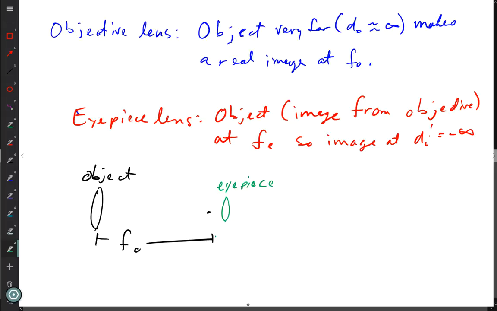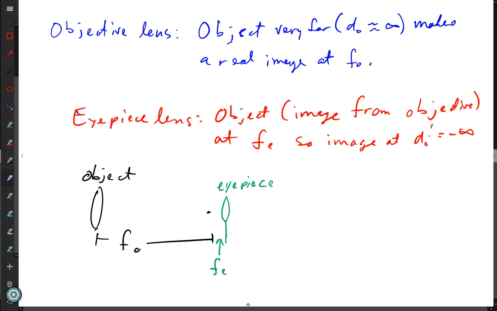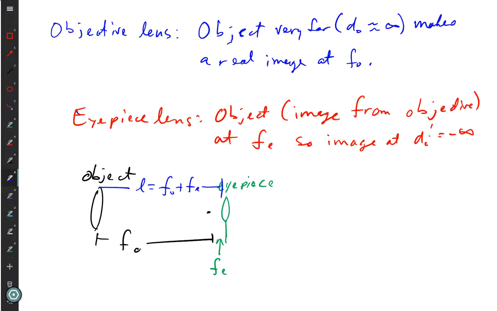Focal length of the eyepiece from that intermediate image. What's the total length of this telescope? It's just the sum of those two focal lengths. So the length of a telescope is just the sum of the two focal lengths of its lenses.